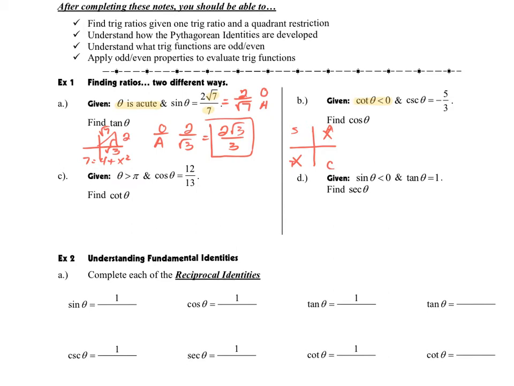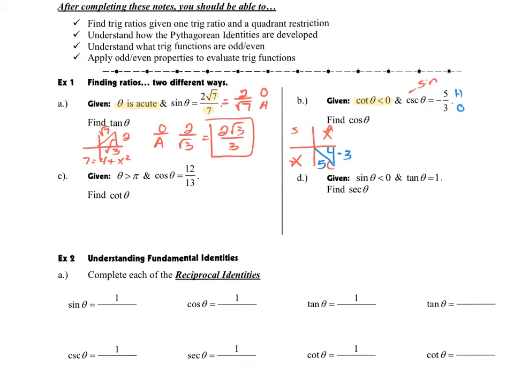And then I'm specifically given a cosecant ratio that is negative. And if my cosecant ratio is negative, that means that I'm really thinking about sine. So of course, my triangle can't be here because if it was here, then my ratio would be positive. So that means that I'm going to draw my very quick sketch of a triangle in this last quadrant. So cosecant is going to be the hypotenuse over the opposite. So I'm going to put a 5 on my hypotenuse and a negative 3 on my opposite.